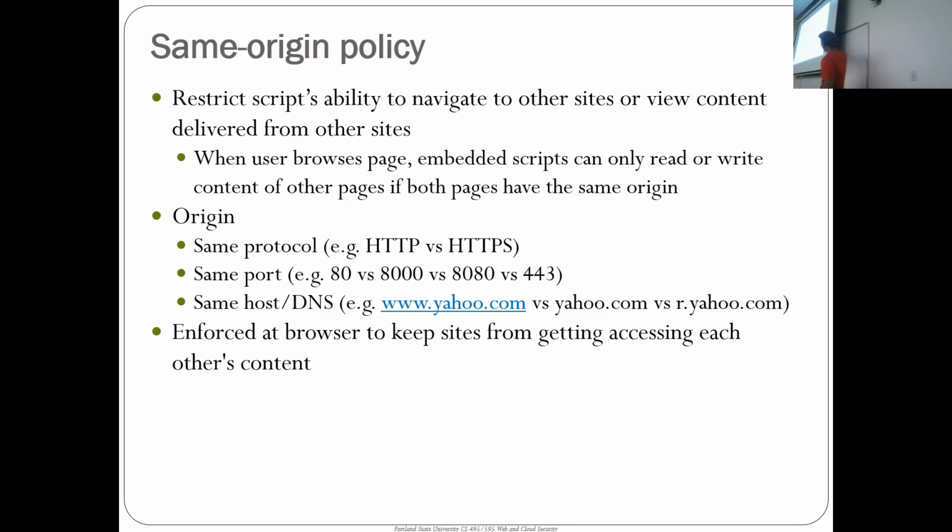So if you're using different protocol numbers or port numbers, or different domain names, it could even be a subdomain, and those would be classified as different origins. Okay, so those are the three things that are used to specify the origin. And again, this is enforced at the browser to keep sites from accessing each other's content. So if you're including scripts from multiple different places, they're only able to make requests back to those origins and access content from those origins, is the idea.